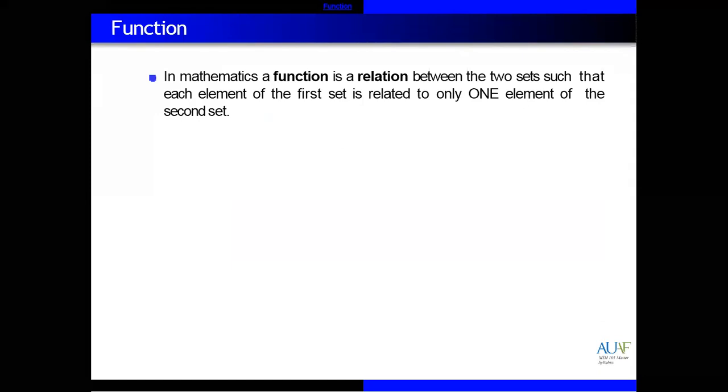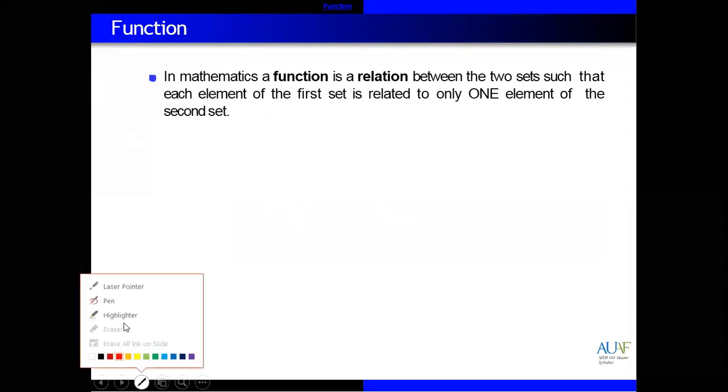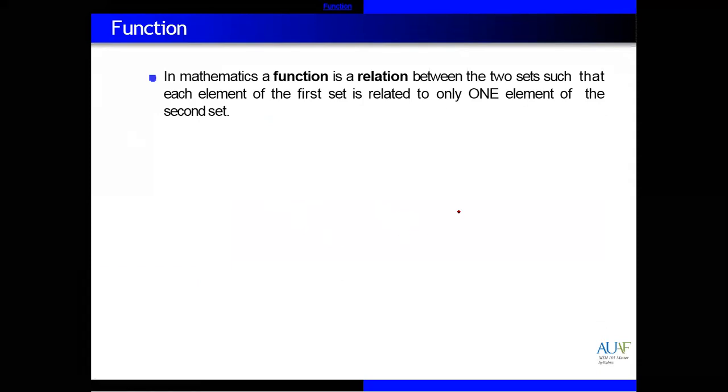So actually, first of all, I will tell you what a relation is, then we will discuss the function. You know that a relation shows some connection between two things, for example advertisement and sales.